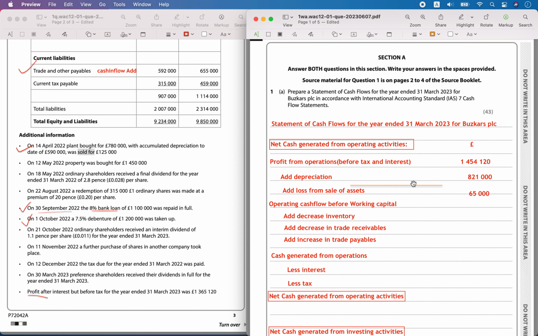Now let's add to get the operating cash before the working capital changes, and then I will get the cash generated from operations. So let's add up all the three: 1,454,120 plus 821,000 plus 65,000, that is 2,340,120.